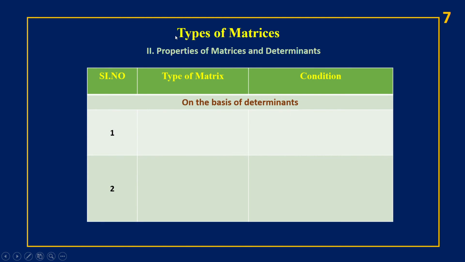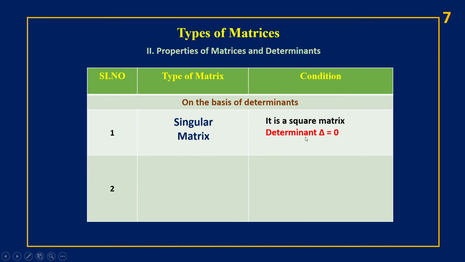And then the second classification, the second category, is on the basis of matrices and determinants. Thus far I explained on the basis of values of elements and structure of elements. Here, on the basis of matrices and determinants, first is the properties of determinants. A matrix can be classified as singular matrix and non-singular matrix.